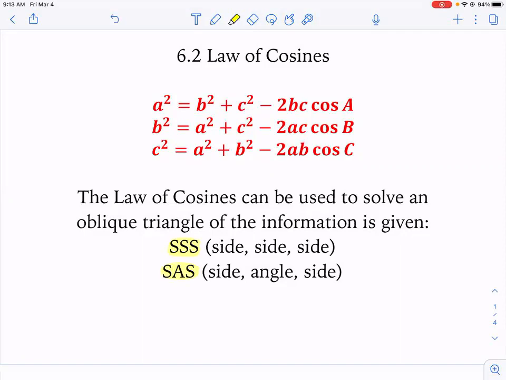I want you to look for a pattern as you're writing down those 3 red formulas. What does the first part of the formula look like?